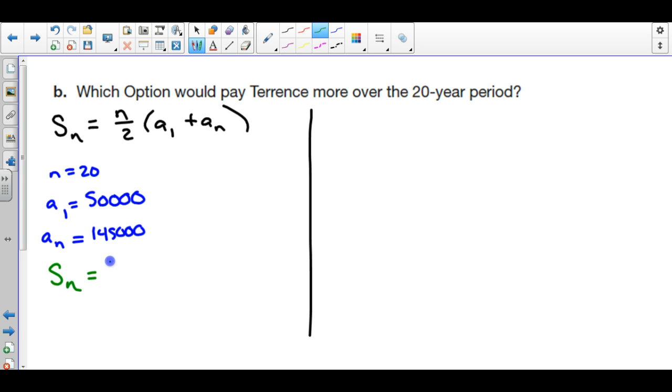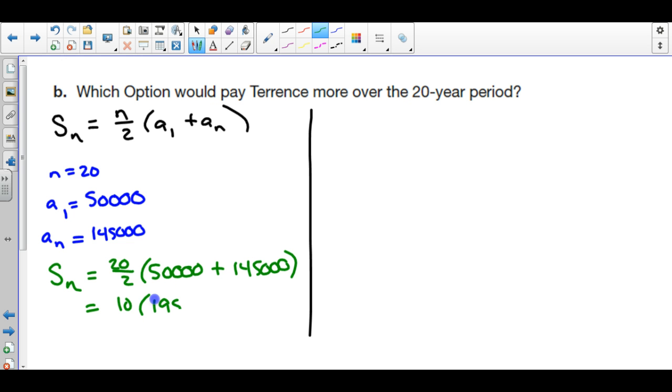So S sub n, representing the total amount that he earned, equals 20 over 2 times the quantity of 50,000 plus what he earned in the last year, which was 145,000. So 20 divided by 2 is going to give me 10. I'm going to multiply that by 50,000 plus 145,000.